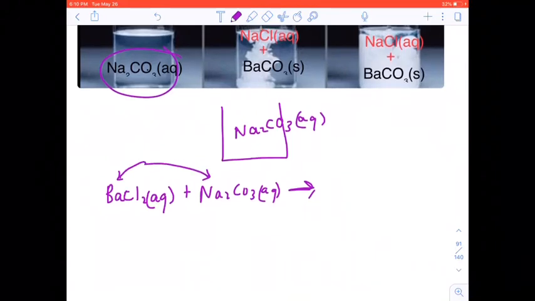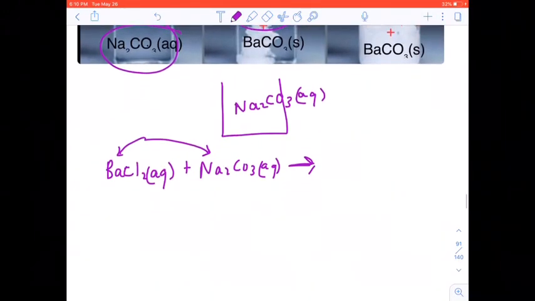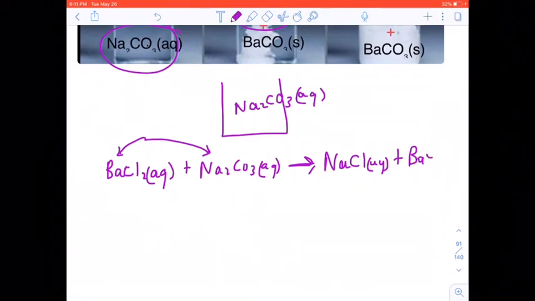We get, as you can see here, NaCl aqueous, plus we get BaCO3 solid.